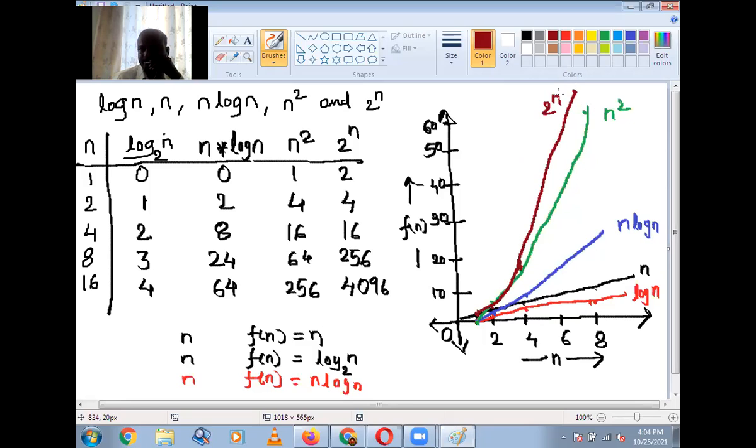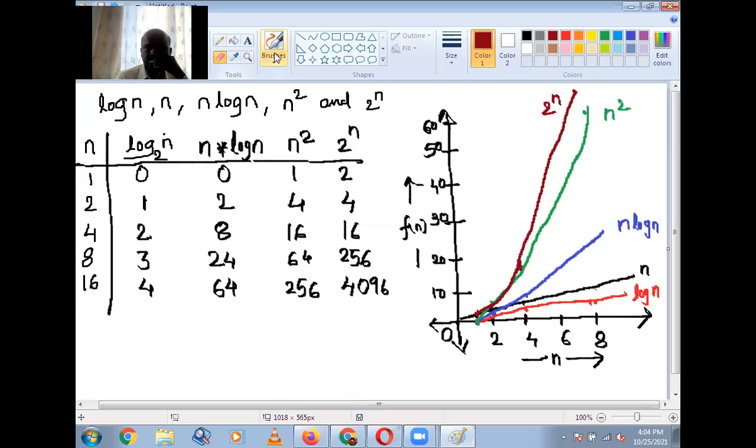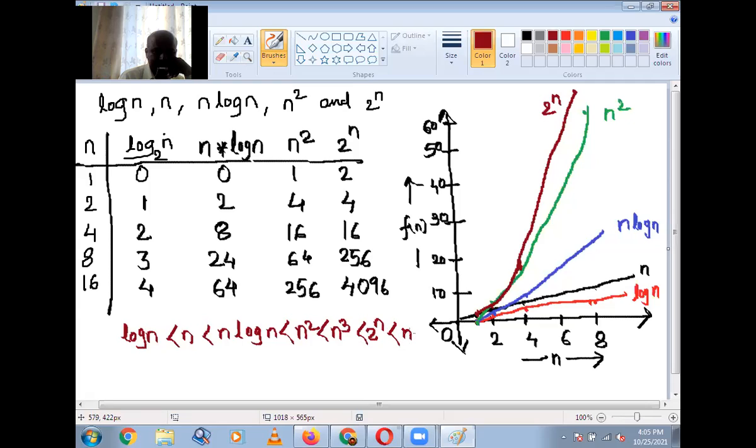See the graph carefully. That is we can write log n is less than n is less than n log n is less than n square is less than n cube is less than 2 raised to n is less than n raised to n.